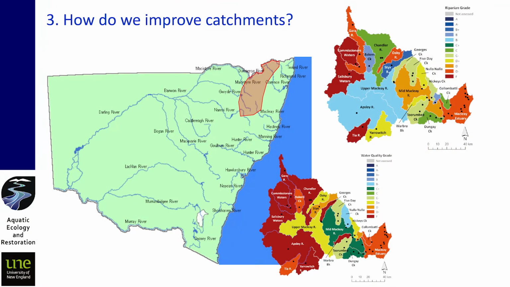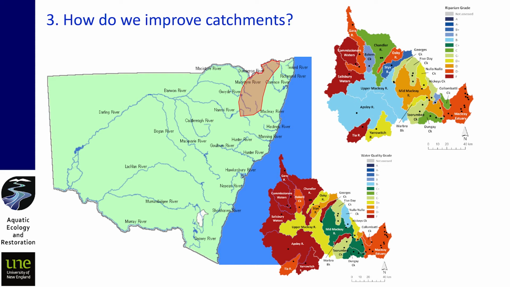So how does that affect the catchment? So this bottom map is the water quality grade, and again this is an assessment of the physical, the biological and the chemical quality of the water using those guidelines, the Australian and New Zealand guidelines that Deb talked about, and how many times those guidelines were exceeded and by what order of magnitude.